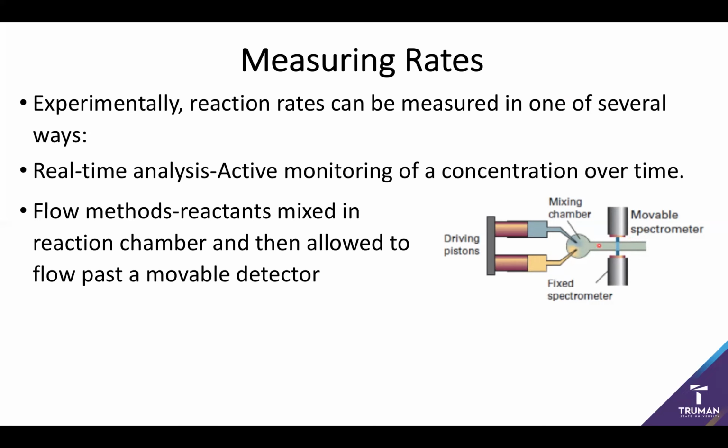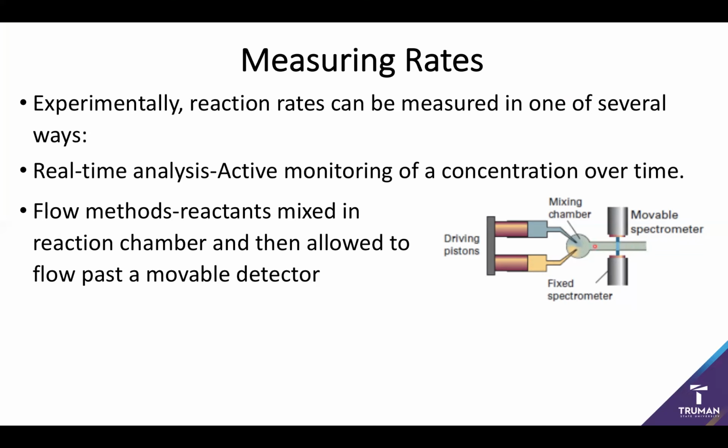Now, what's very nice about this arrangement is that you can usually move the spectrometer along the reaction path. And so what you can do is see how the concentration, how the rate changes at various different physical points.